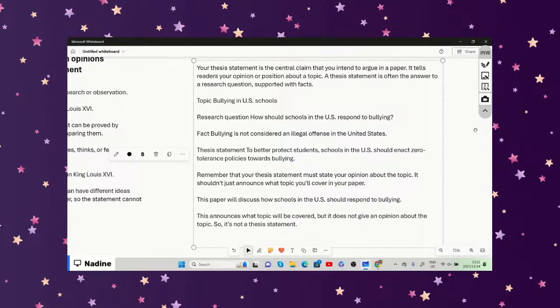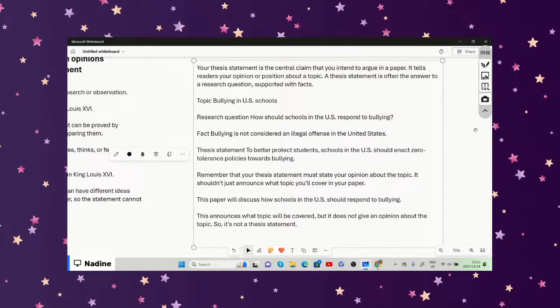So when it comes to a thesis statement, you need to remember that it must state your opinion about the topic. Basically, your opinion is what you think about it, how you feel about it, or how you're arguing the topic, right?